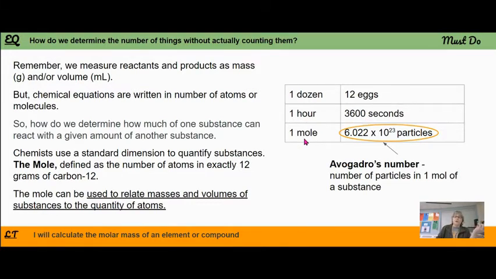A mole is a number that represents 6.022 times 10 to the 23rd particles. So the mole can be used to relate masses and volumes of substances to the quantity of atoms.